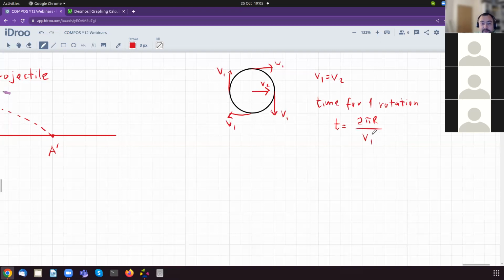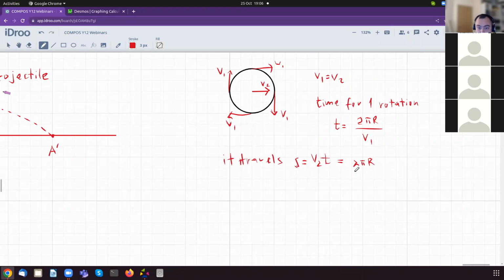And how far it travels in that time is v2 times t, which should be equal to 2 pi r as well.